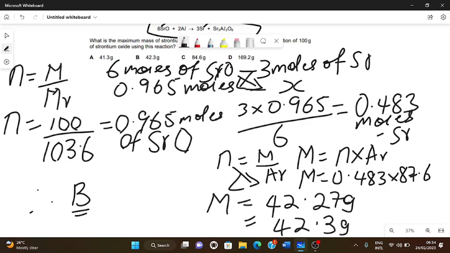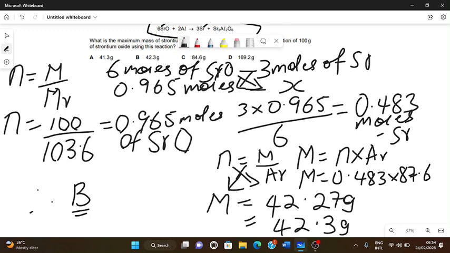Therefore, the answer to this question is B, 42.3 gram. So it's a simpler approach. You can use it, or you can use the previous approach. At the end of the day, you arrive at the same answer.